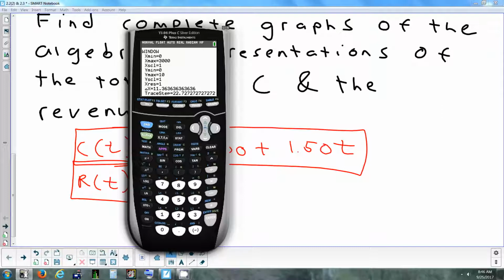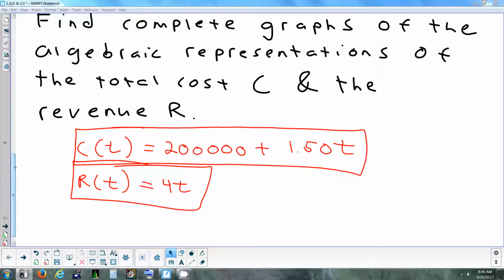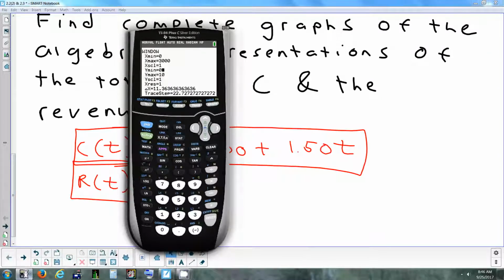Either way, we're not going to have negative costs and we're not going to have negative revenue. But for Y max, just looking at the cost one, what's the Y-intercept for my cost equation? Dylan? 200,000. Yeah, it's 200,000, so I've got to set it at least that high. In fact, I'm going to go 250.